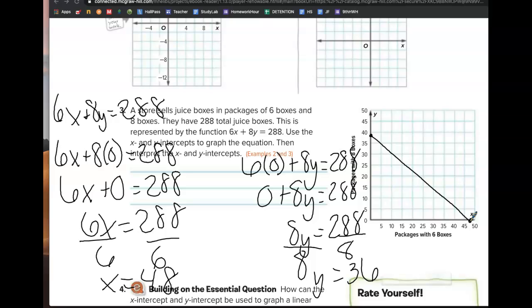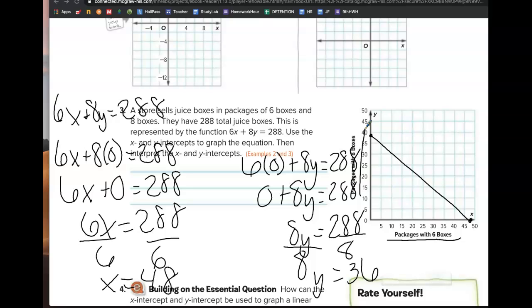Now, the interpreting part, I don't particularly like the problem that they give you because the x label is very similar to the y label. So the x label is packages with 6 boxes, and the y label is packages with 8 boxes. So if I interpret this, I would say 48 goes with x.